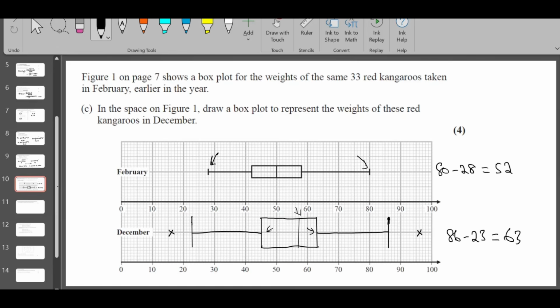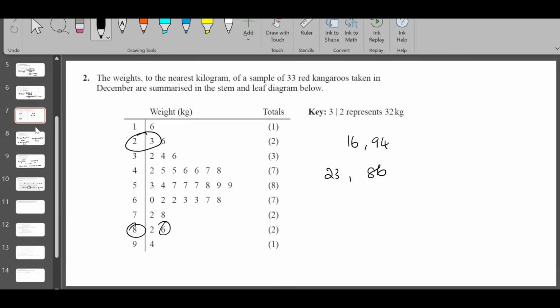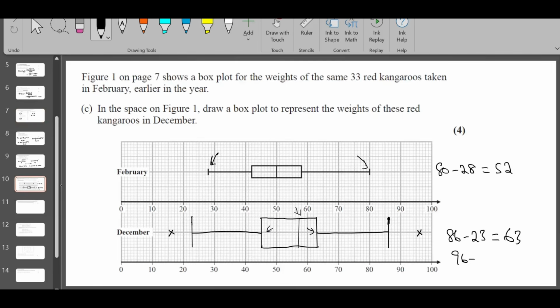Even more so if you include the outliers, it becomes much larger, because 94 minus 16, right? Okay, in the diagram also I should have put 94 here, not 96. So 94 minus 16, that's 78. So it has a larger range, right? So you need to write: December has much larger range. That means more extreme weights actually.